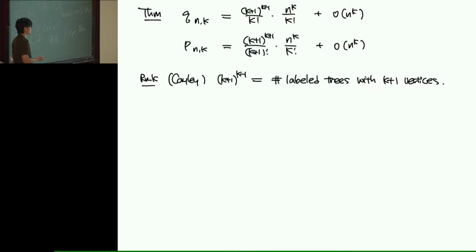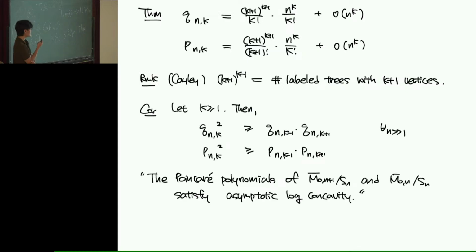We obtain the formula for P using the formula we established which relates P and Q. So that's how we established this. Using this, you can easily check that log concavity of these two sequences for given k holds when n is sufficiently large.